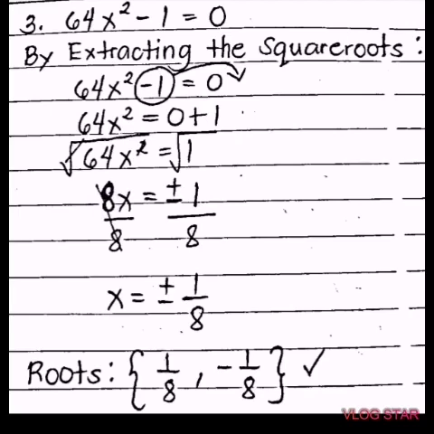We have x equal to plus or minus 1 over 8. So therefore, the values of x are positive 1 over 8 and negative 1 over 8. Or we can say that the roots now are 1 over 8 and negative 1 over 8.